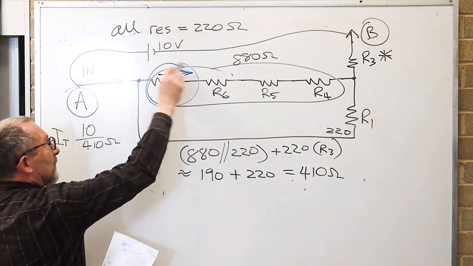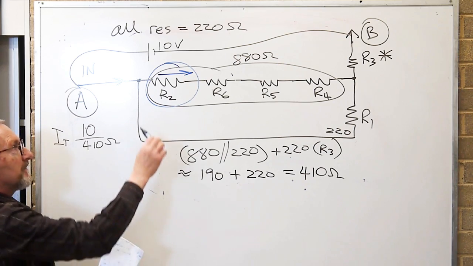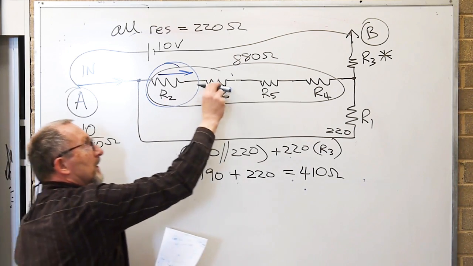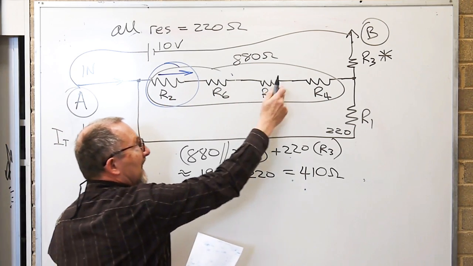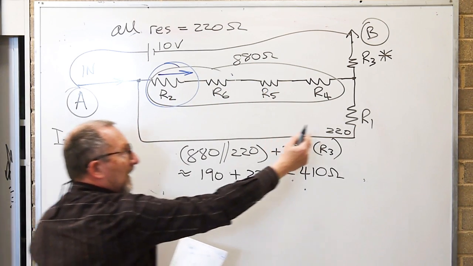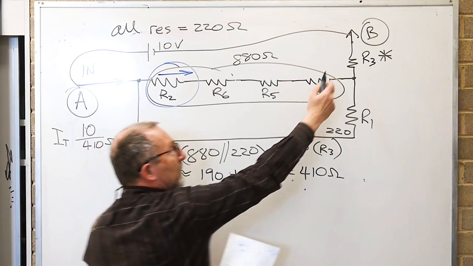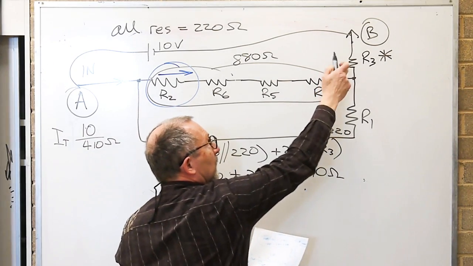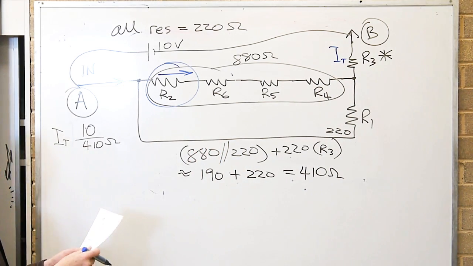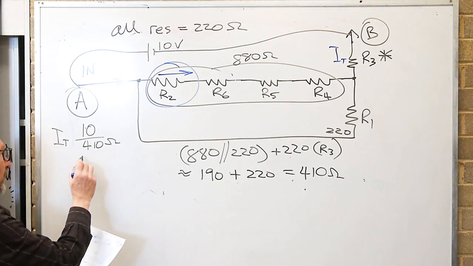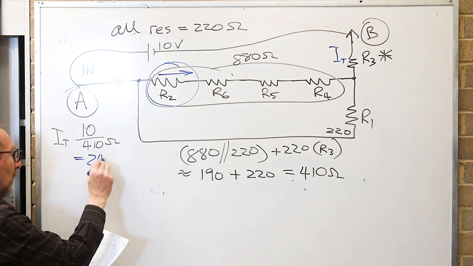Just this resistor here by itself. But the fact is, he's in series with him and him and him, so the current in that is the same as that, that and that. But the current through here is different, and the current through here is different, because that's the total current, IT. And IT worked out to be 24.3 milliamps.